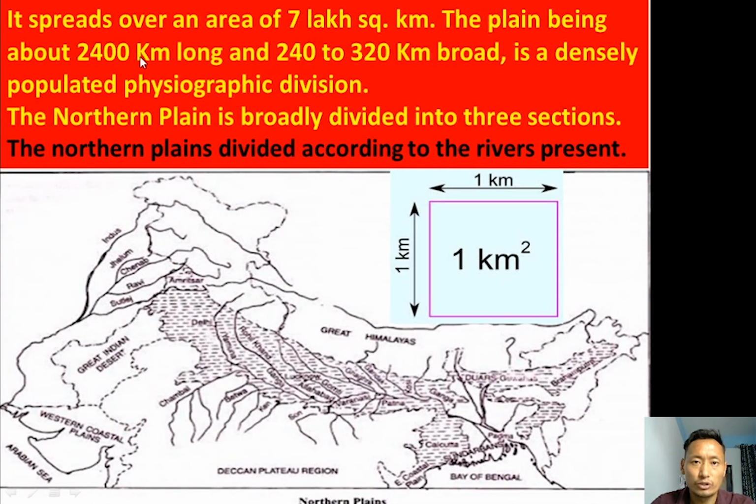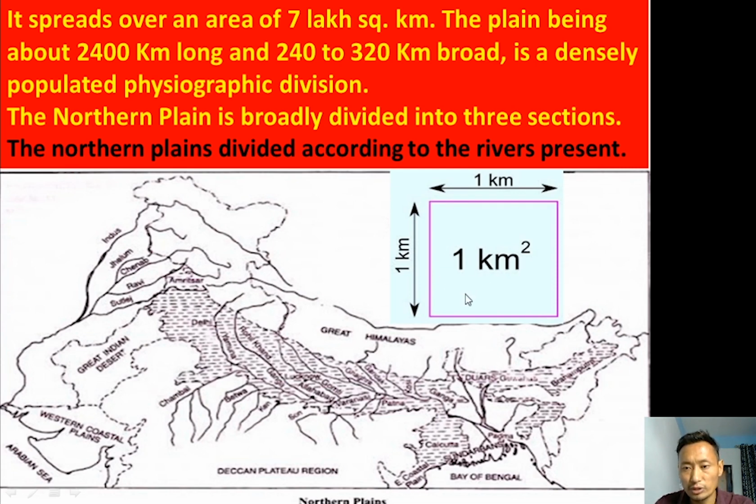It spreads over an area of 7 lakh square kilometers. This is 1 square kilometer, with each side being 1 kilometer. So the total area of the northern plain is 7 lakh square kilometers.